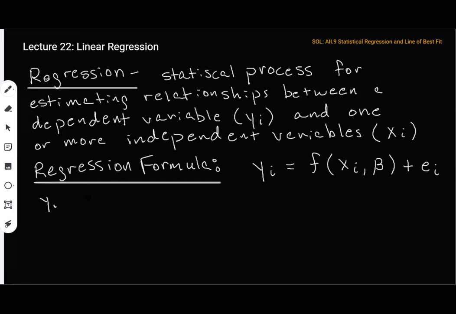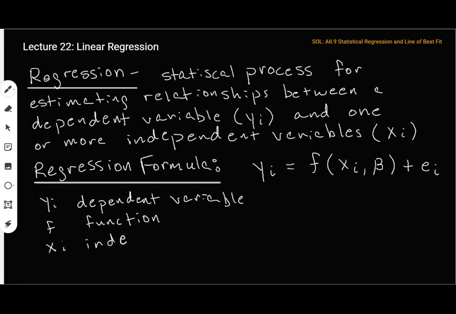So yi is the dependent variable. F is going to be some function. The function might be linear, or it may be nonlinear. And then xi is going to be the independent variable.